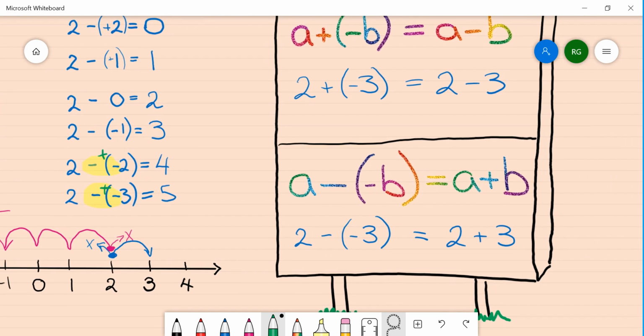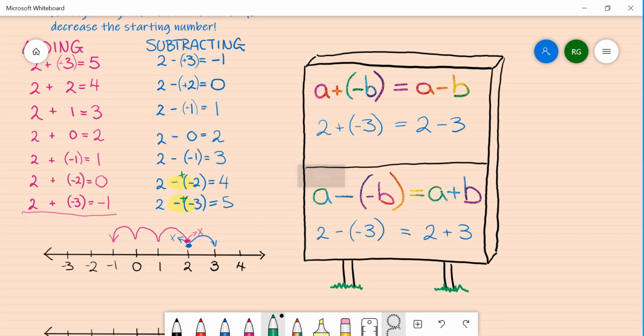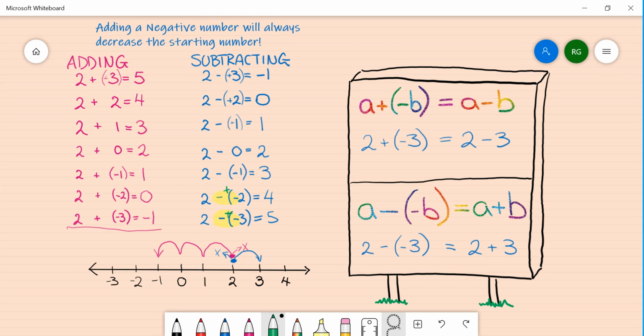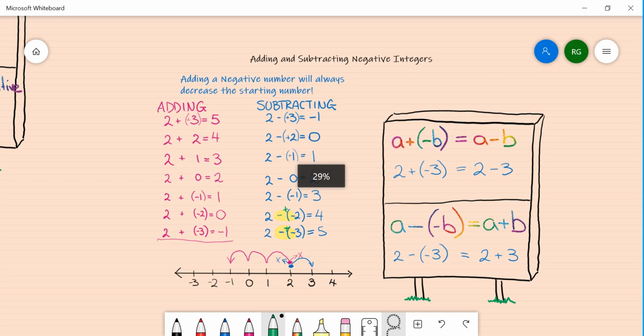Here are my golden rules over to the right. Don't worry that it's an A and a B, just consider them numbers. I've got an example below that you can use.